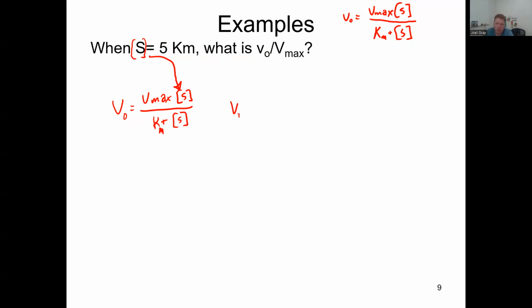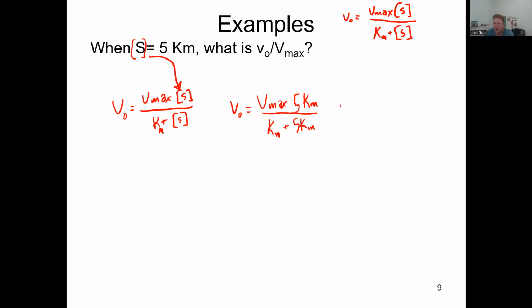So I'm going to rewrite this equation as V sub 0 equals Vmax times 5 Km over Km plus 5 Km. Now what we can do with this is combine different components.